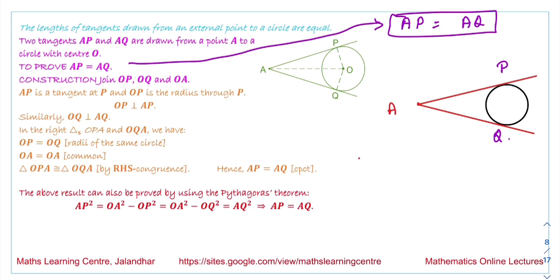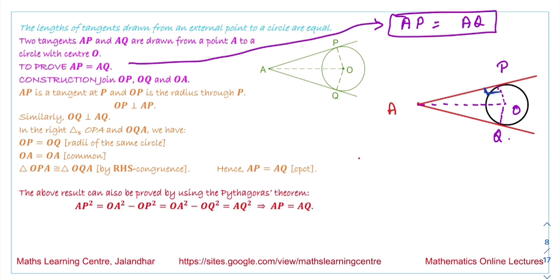To prove this, we do a construction. This is the center of the circle, O. We join point A to the center, and we join point P and point Q with the center. From our previous theorem we know that OP and OQ are the radius, and AP and AQ are the tangents.